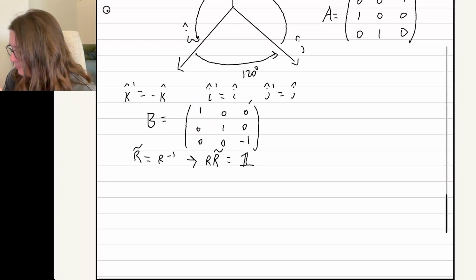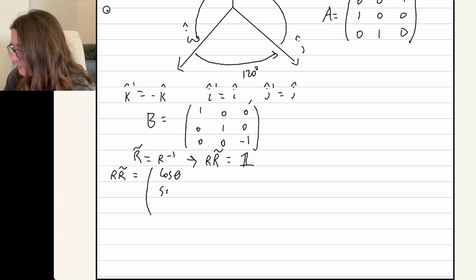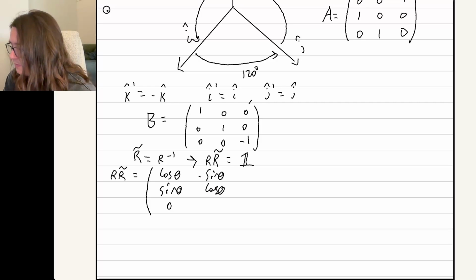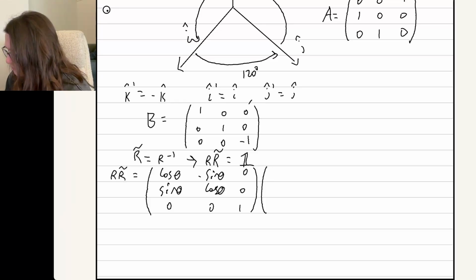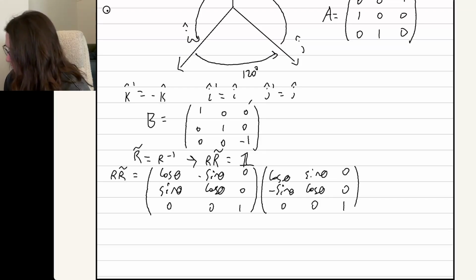So to check that, we need to go back to our rotation matrix, which is cosine theta, sine theta, 0, minus sine theta, cosine theta, 0, 0, 0, 1, and then multiply it by the transpose. So cosine theta, minus sine theta, 0, sine theta, cosine theta, 0, 0, 0, 1 will be the transpose.